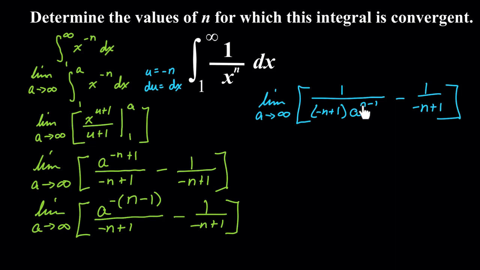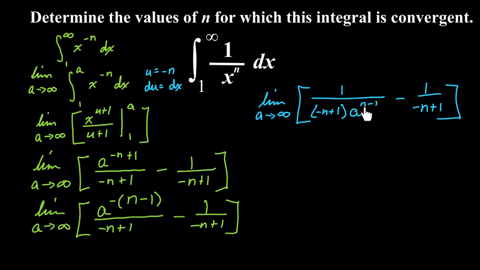If n is a positive number larger than 1, that means your exponent is going to be a positive value, and that means A will stay in your denominator. And if A stays in your denominator, this fraction will approach 0.